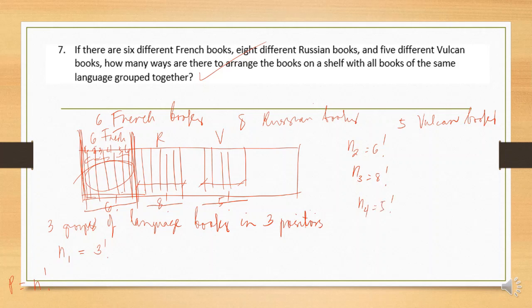So, all in all, anong gagawin natin? I-add natin yung dalawang yon. Okay? So, 3 factorial plus 6 factorial plus 8 factorial and then 5 factorial. Yan yung kanyang answer. This is a problem, sabi ko nga, that is given usually sa board exam. No? So, if you have questions about this, please message me. Thank you.